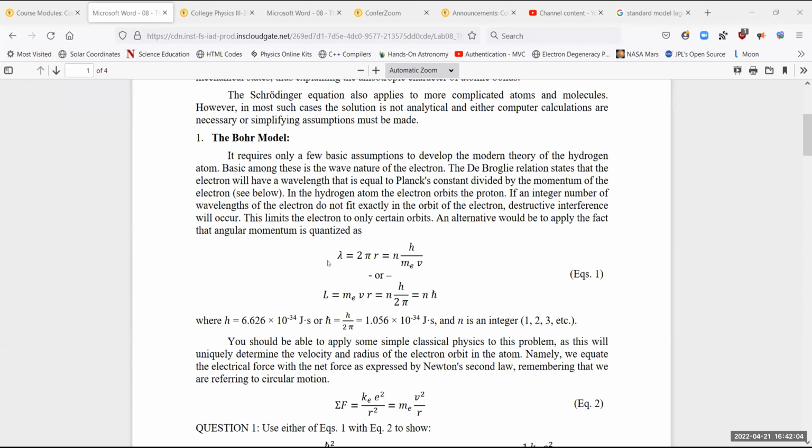Remember, Mr. Bohr assumed that somehow the wavelength of the orbit and the wavelength are connected via this relationship. In other words, there is only a given number of wavelengths that cover the radius for it to be stable. That's his argument anyway.